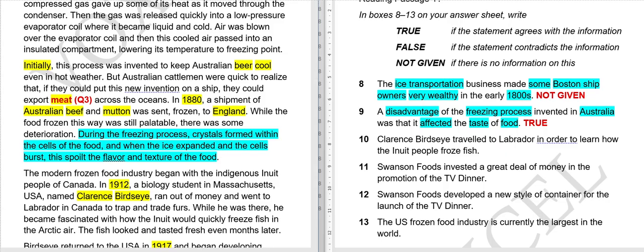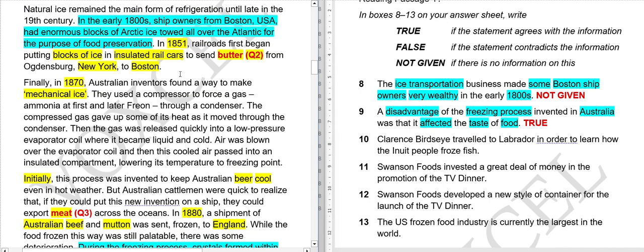Here it is written, for question number 9: during the freezing process, crystals formed, and when they expand and burst, it spoiled the taste of the food. I hope it is clear. Okay, I forgot to write it here. That's why I was wondering whether I wrote it there or not.